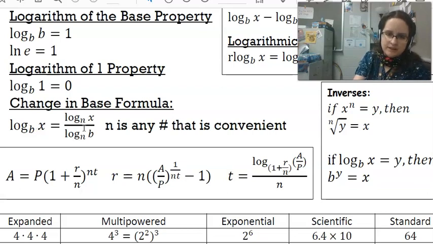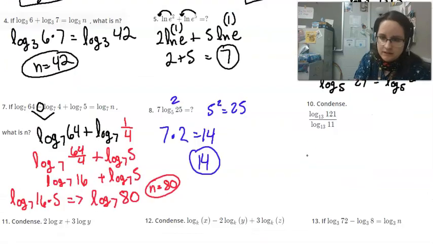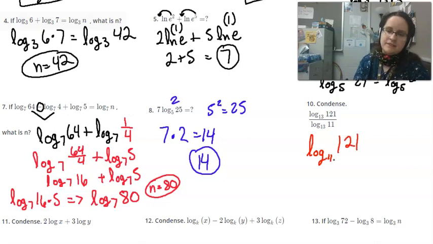So instead of having that 13, we could just have log 11 of 121. And that's the same thing as saying 11 to some power is 121. That would be 2.